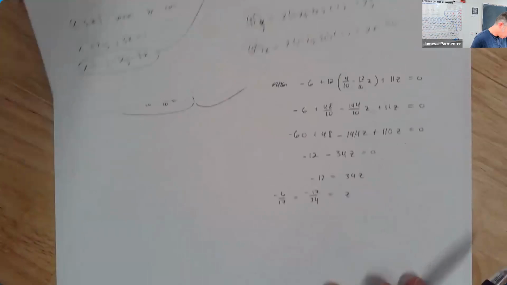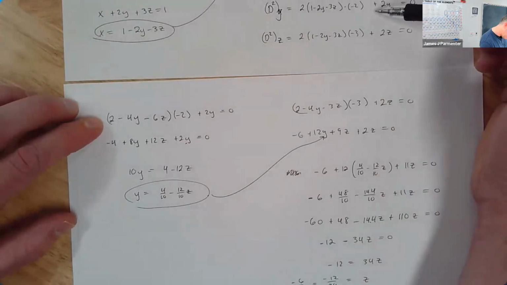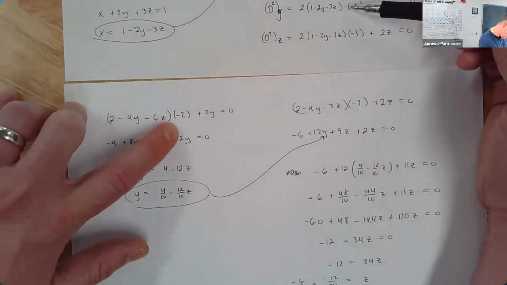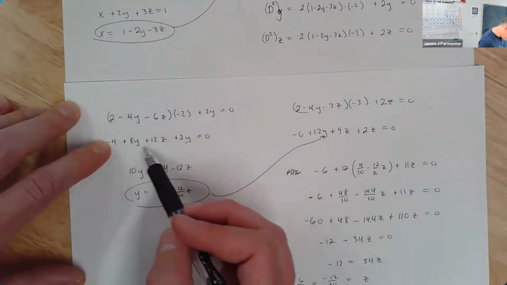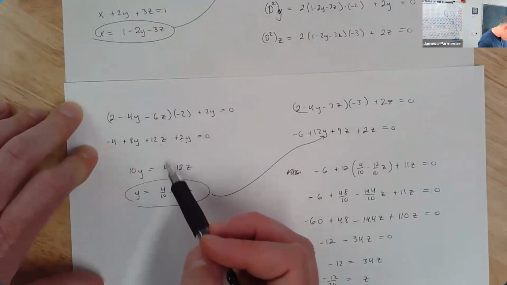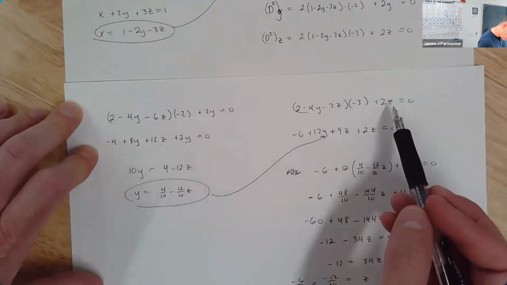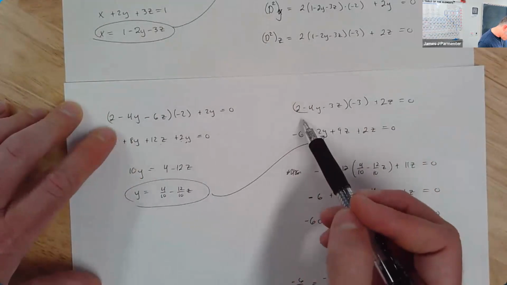Good to go. Let's see if we made any mistakes multiplying it out. So multiplying out this first one, we got 2 minus 4y minus 3z times negative 2 plus 2y. Negative 4 plus 8y plus 12z plus 2y. Looks all right. And then over here, I have still 2 minus 4y.